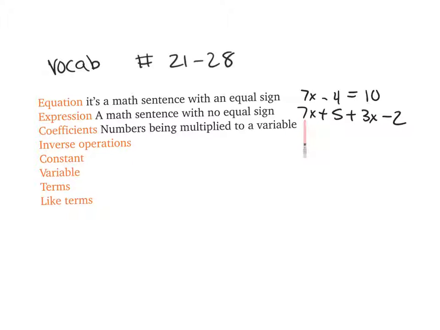The coefficients are 7 and 3. Remember, a coefficient is the number in front. So the coefficients would be 7 and 3, right?